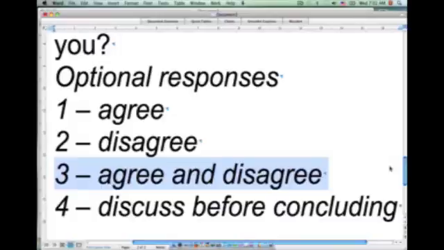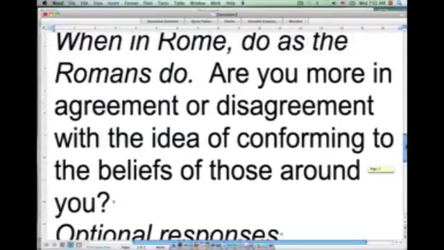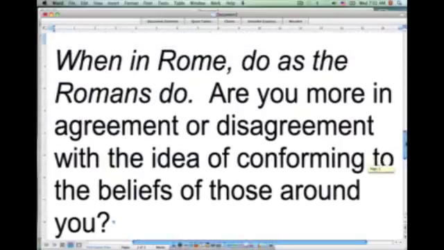Okay, so now let's take one quick review of the question, and then we'll start our writing together. When in Rome, do as the Romans do. Are you more in agreement or disagreement with the idea of conforming to the beliefs of those around you?